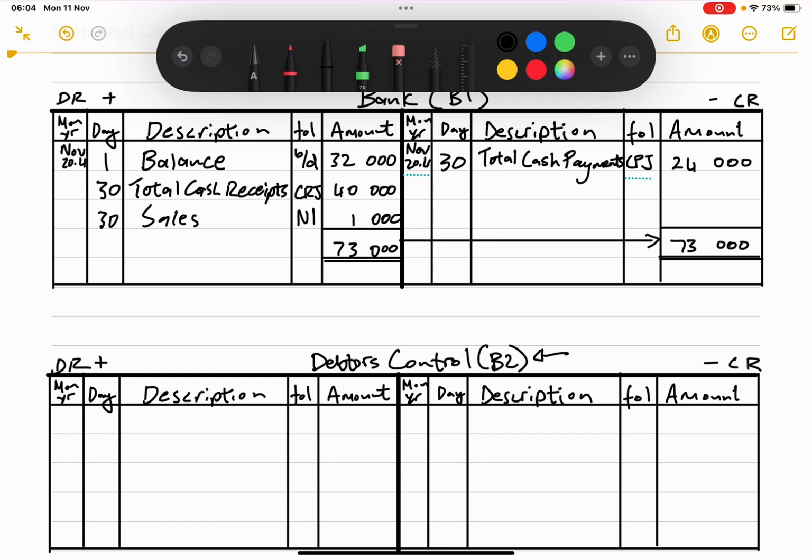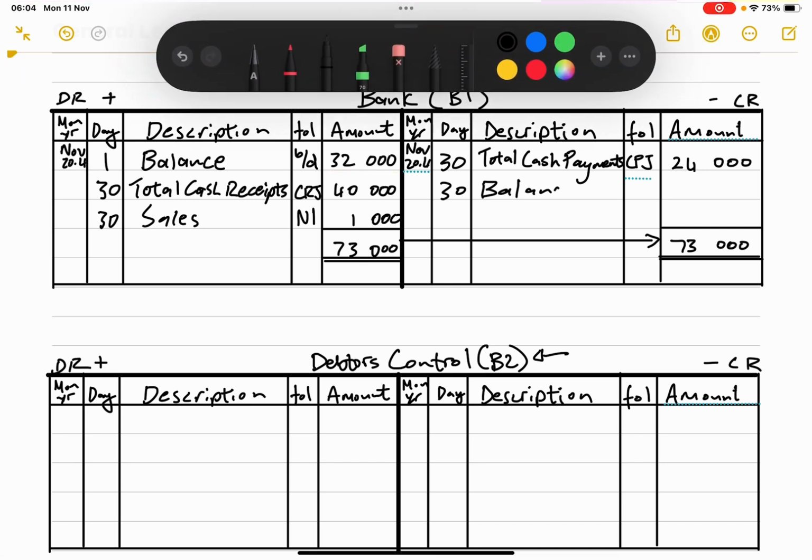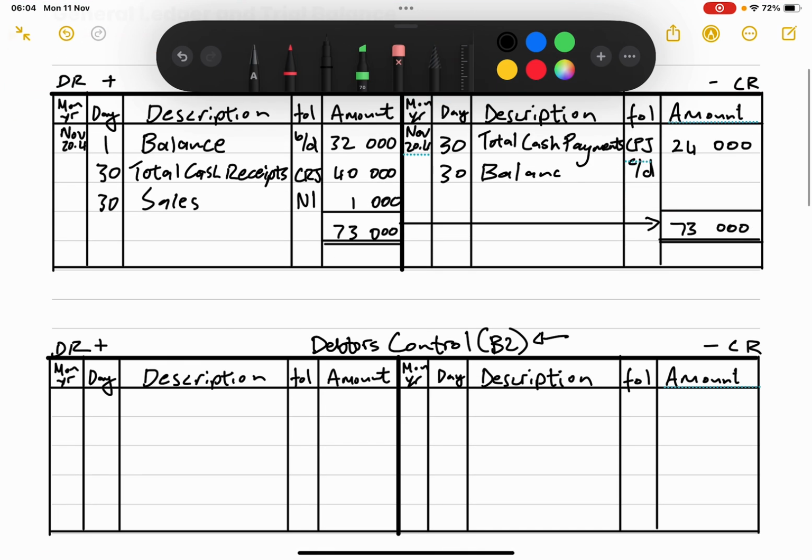So now the difference between the 24 and the 73 is what's going to be your balance carried down into the next month. So on the 30th, you'll have a balance carried down, and in this case, 73,000 minus 24,000 is going to be 49,000.